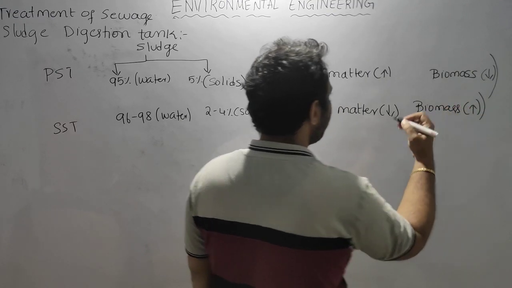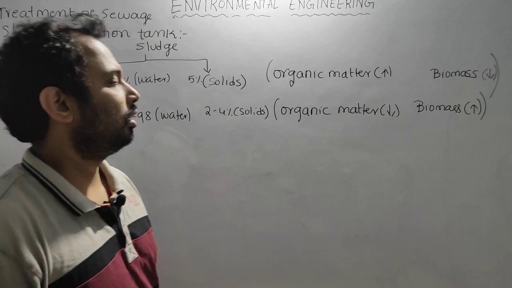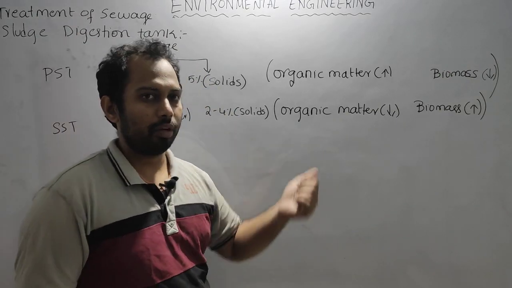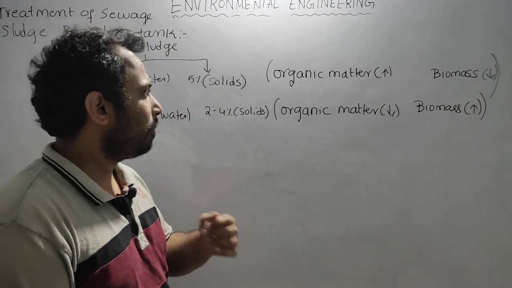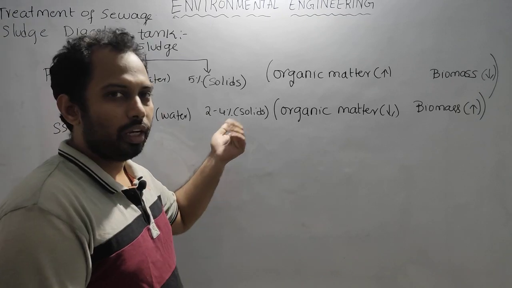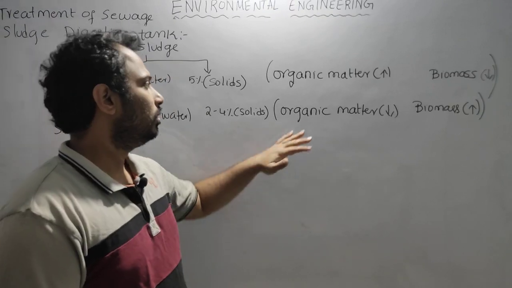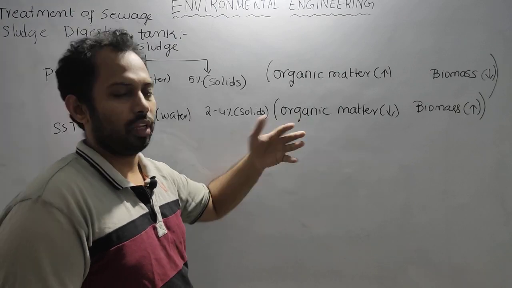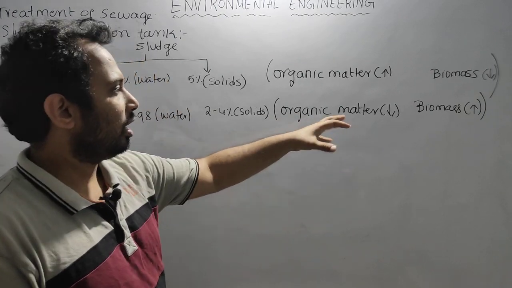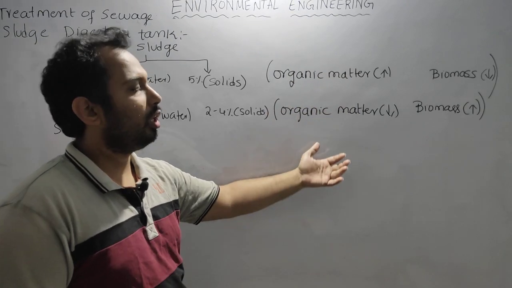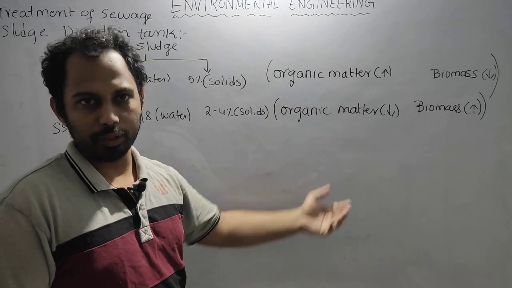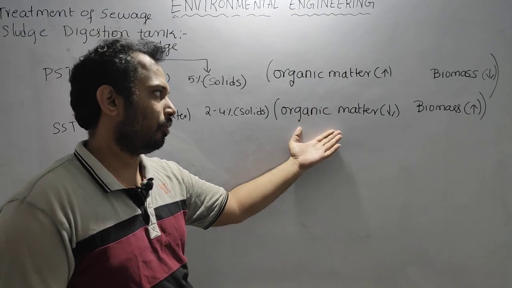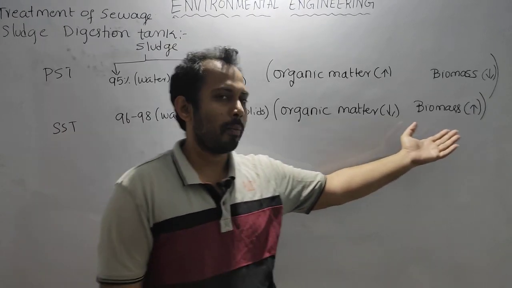So generally, sludge digestion can be done in an aerobic method also. For this sludge, if you do it in an aerobic method, that is not a problem, because here the biomass is more, so even in an aerobic method endogenous respiration will occur, since less organic matter and more biomass is present.